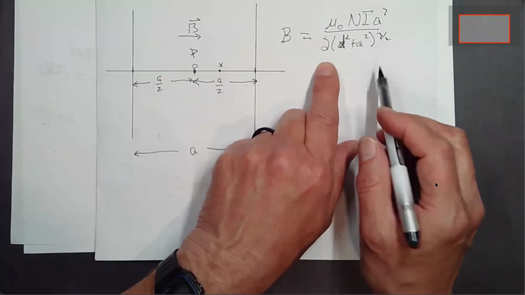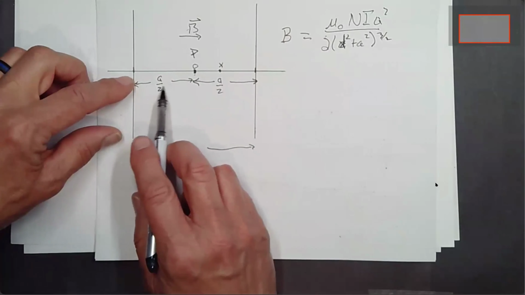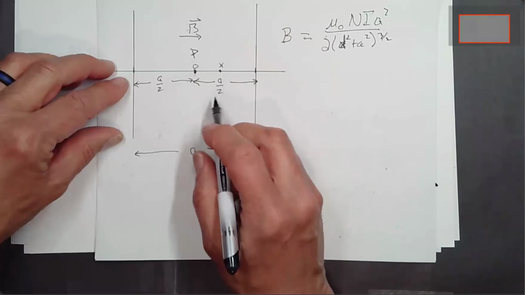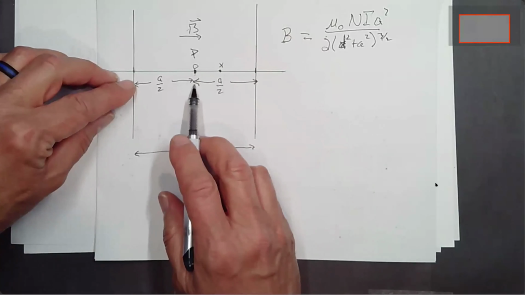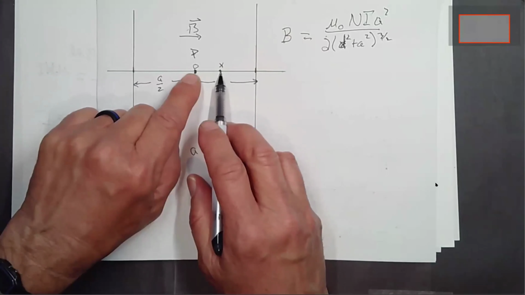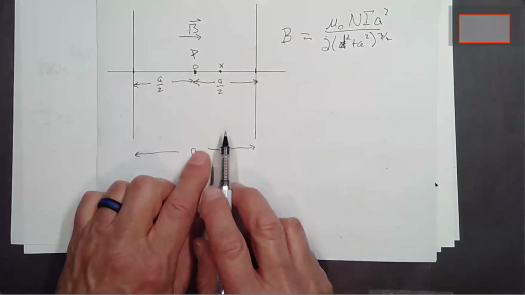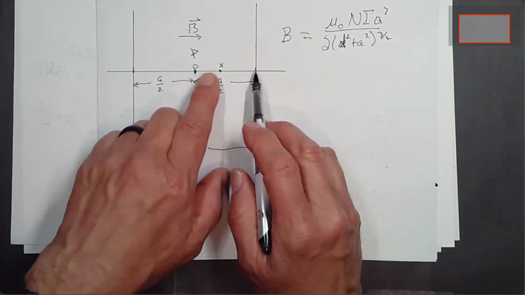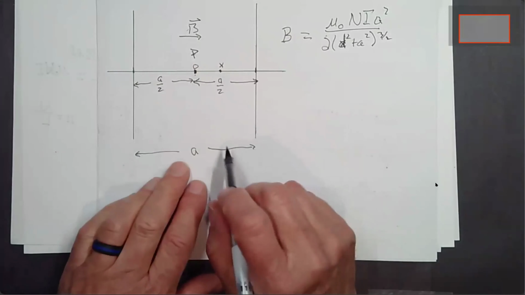And in fact, in our case, the distance you are away from the left coil here is going to be A over 2 plus x. And the distance you are away from the right coil will be A over 2 minus x.